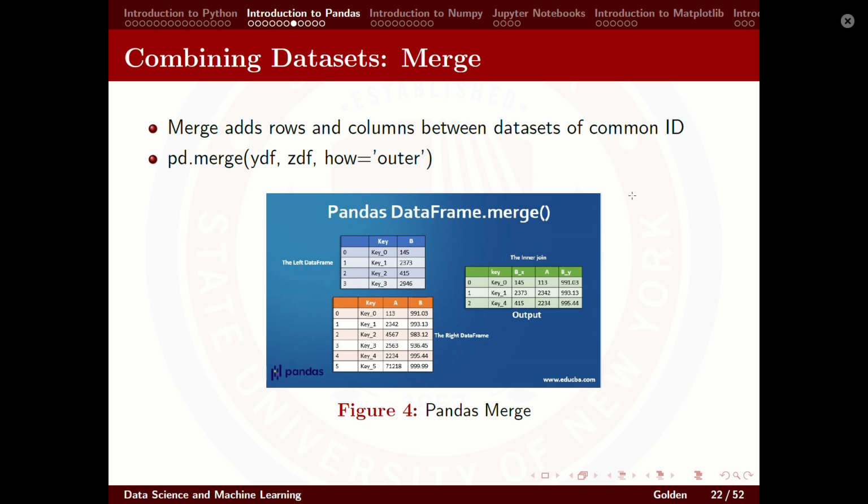The difference between an inner join and an outer join is an inner join only merges when keys are found in both data sets. So here, key 0 is in both, key 1 is in both, key 4 is in, key 3 is in both.